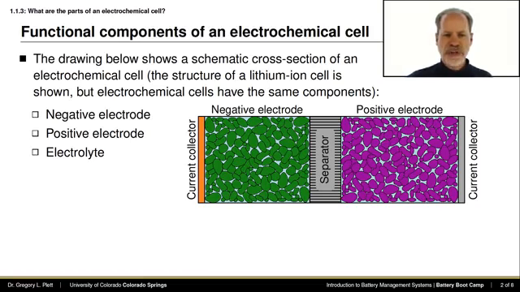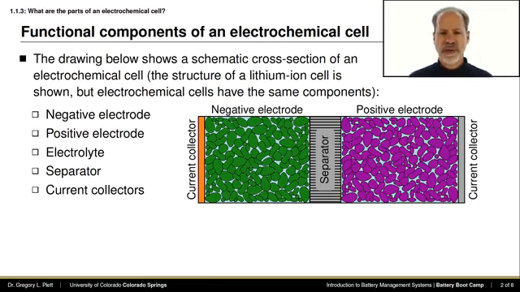Throughout the illustration, you will see a light blue color in between these shapes that illustrates the electrolyte. In between the negative electrode and the positive electrode is something called a separator. And finally, on the edges of both sides of the illustration, you can see thin rectangles, on one side orange and on the other side gray, that depict the current collectors.